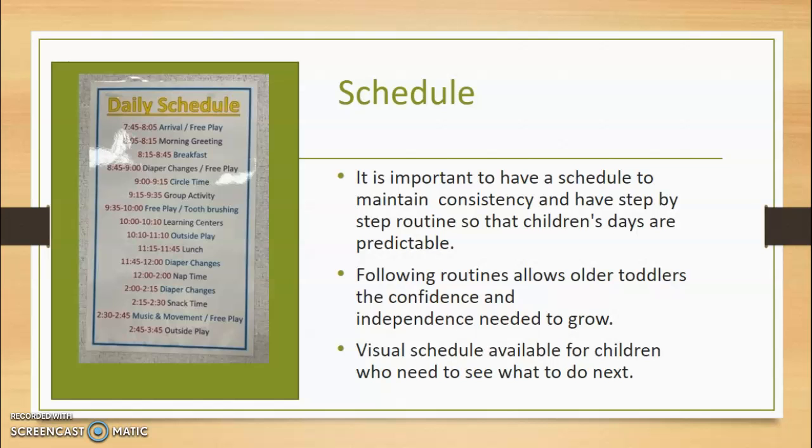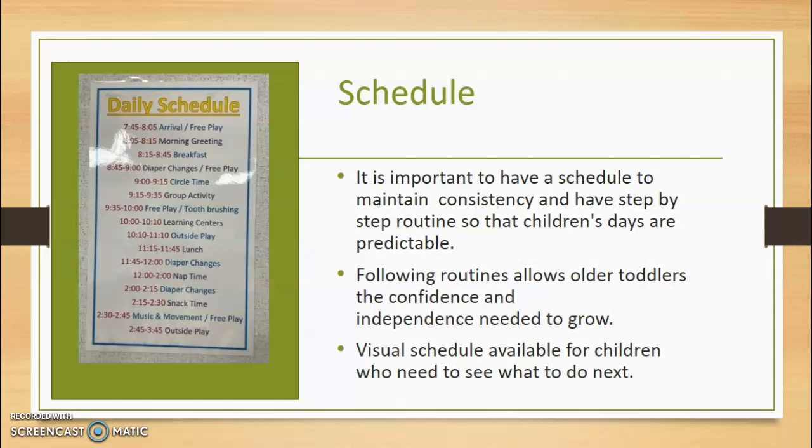This schedule here allows children 24 to 36 months to focus on the activity that's at hand, not too long of time frames for their age group, just because they have a smaller attention span. So you see quite a bit on this schedule, things that allow for diaper changing, which is also an important part of the routine for children 24 to 36 months old.